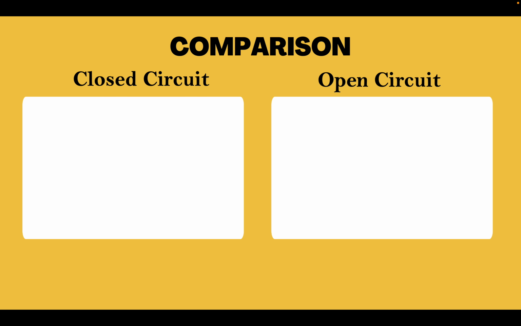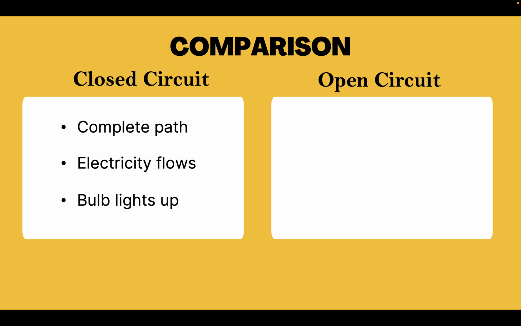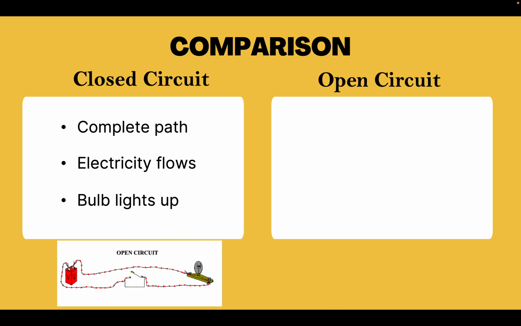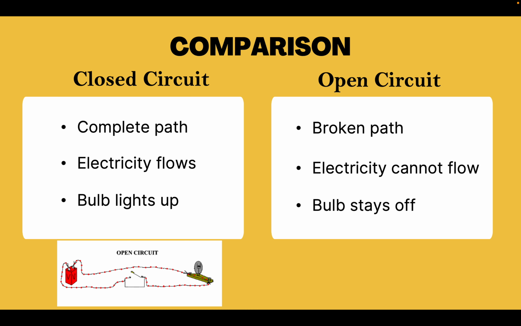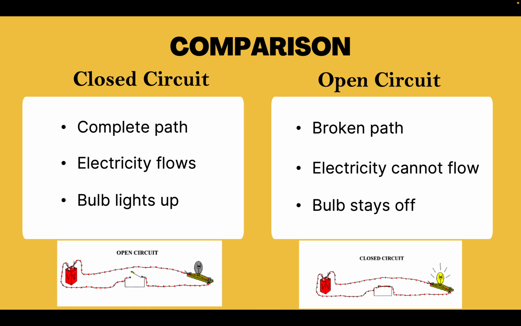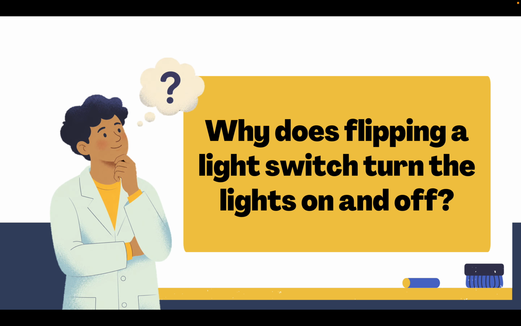So let's compare closed circuit and open circuit. Again, a closed circuit is a complete path. Since it's a complete path, electricity flows, and as a result, the bulb lights up. For the open circuit, the path is broken, electricity cannot flow, and as a result, the bulb stays off. Why does flipping a light switch turn the lights on and off?